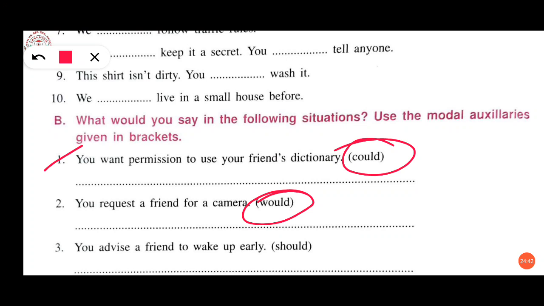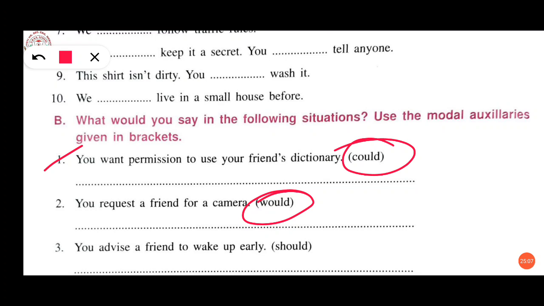Then second, would. By using would you have to make a sentence according to the situation. The question is: you request a friend for a camera. By using would: would you give me your camera, please?